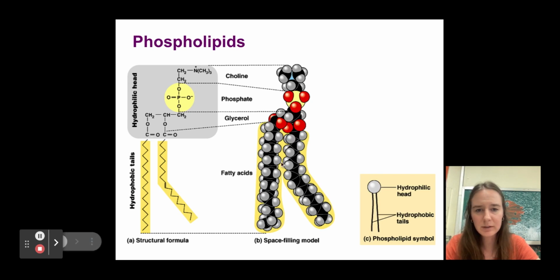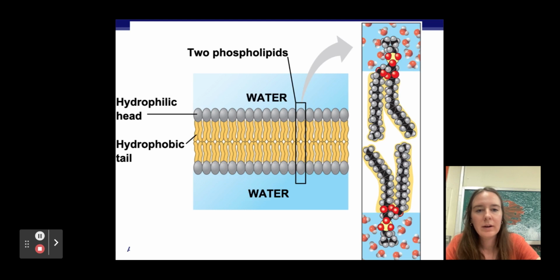Whereas the hydrophobic tails are just made of a bunch of carbons in black and hydrogens in gray. And so these tails are not going to act like magnets with water because they're pretty much neutral charge all over. All right, so we talked about this before, but just to see it up close, here's a bunch of water molecules. And notice we have oxygen and hydrogen.